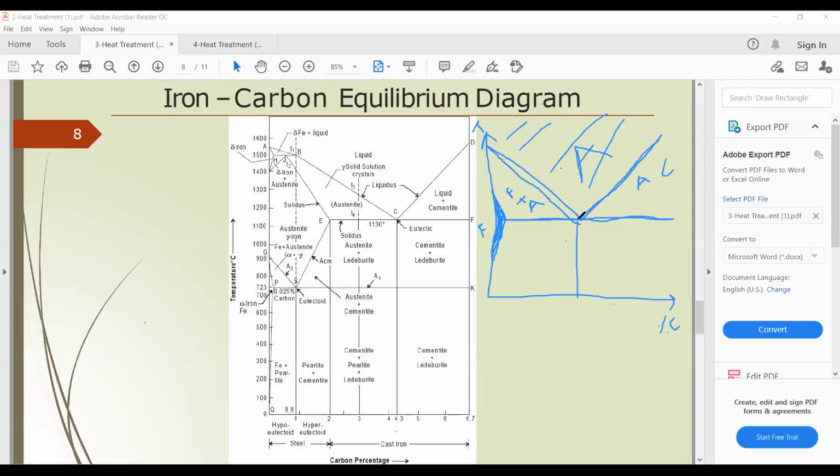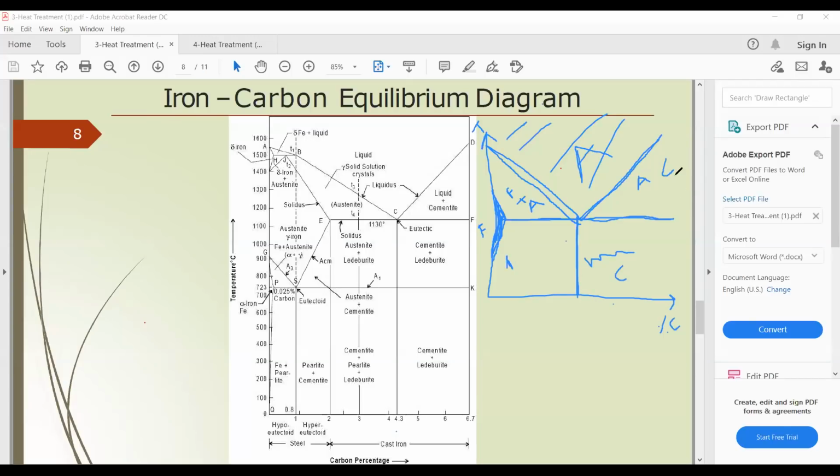In another way, you can remember it like this: there is a horizontal line here. On the right side of this horizontal line, in this space, cementite or a cementite mixture is available. On the left side, pearlite or a pearlite mixture is available.